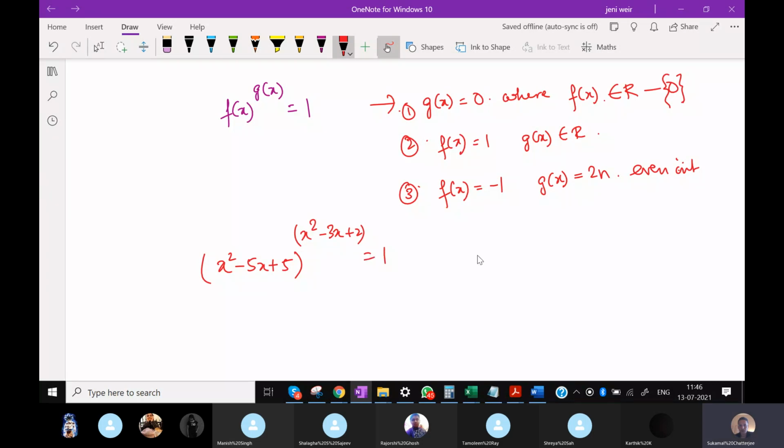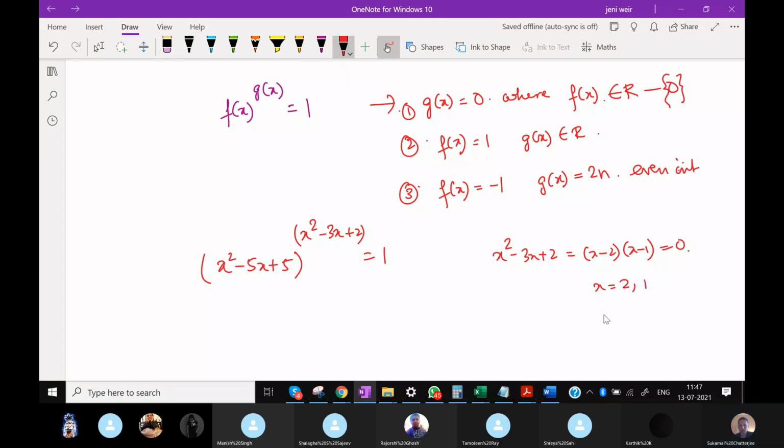So from the first criteria, I see that x square minus 3x plus 2, which is equal to x minus 2 into x minus 1 equals 0. So x equal to 2 or 1.